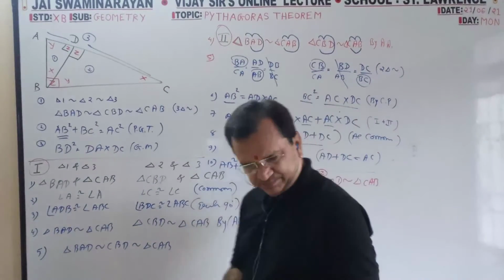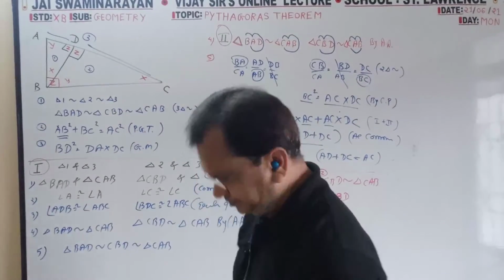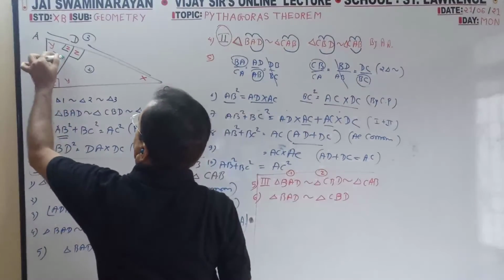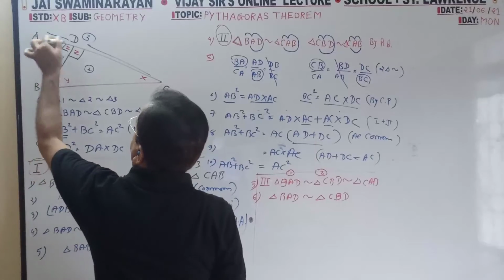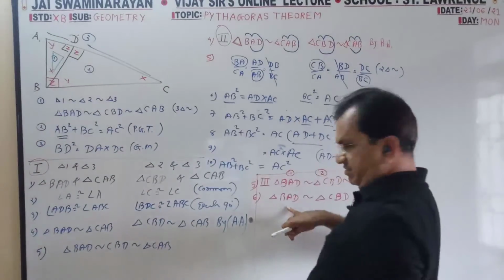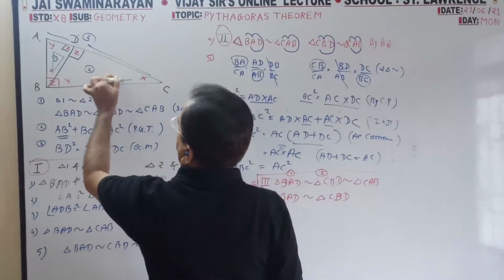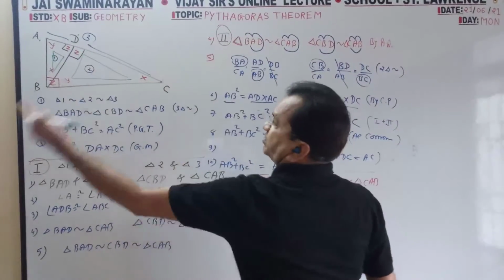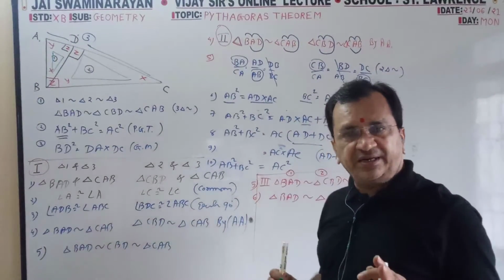Now no third part I have taken, full part. I have taken this X, Y, Z, BAD. Then I have taken X, Y, Z: this part and this part, not the full part.